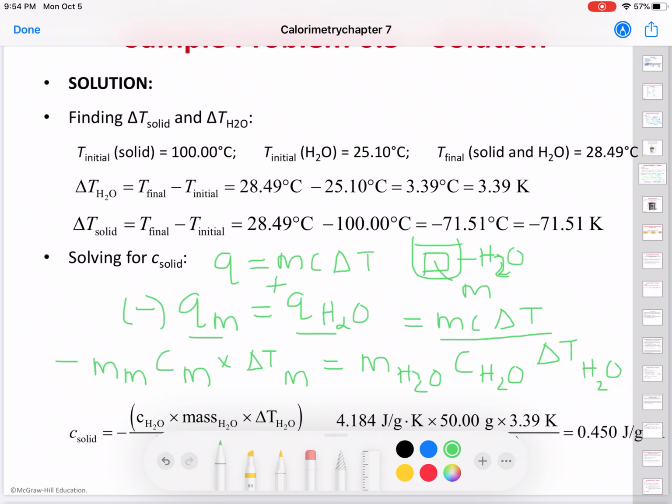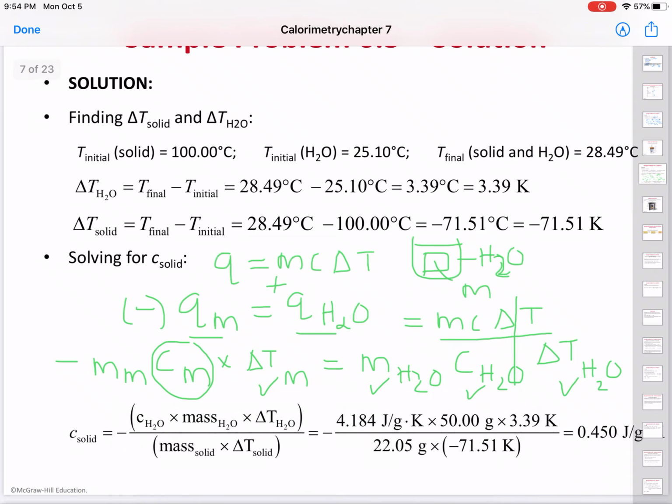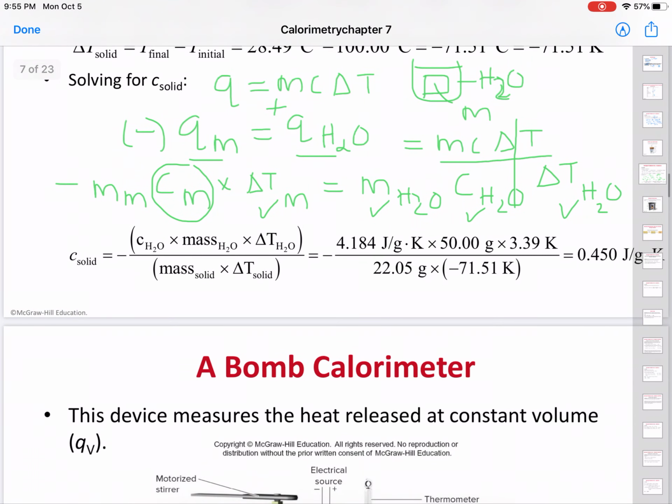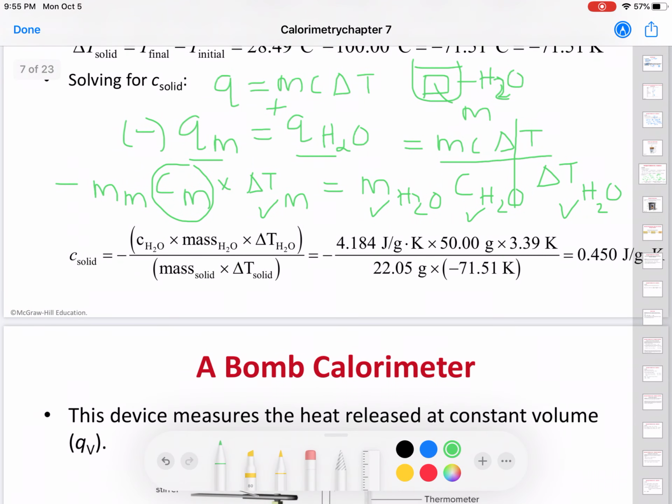Now we know the mass of the metal. We don't know the specific heat capacity, but we know delta T for the metal. We know the mass of the water. We know the specific heat of the water, 4.184. We also know delta T for the water. With the known amounts, we can find out the specific heat capacity of the solid.